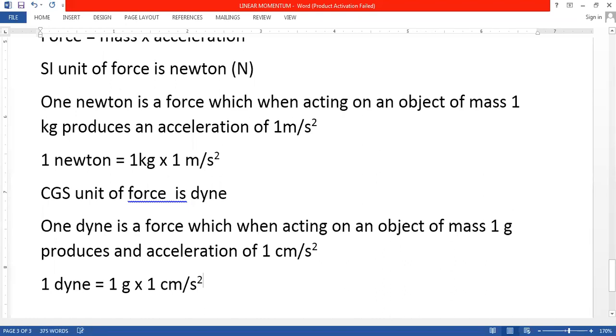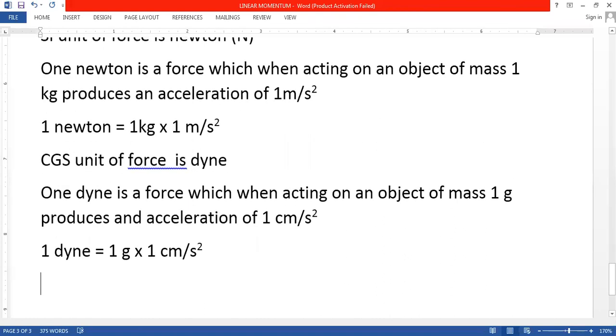This is the CGS unit of force. Is it very clear, are you getting it? Yes, sir.